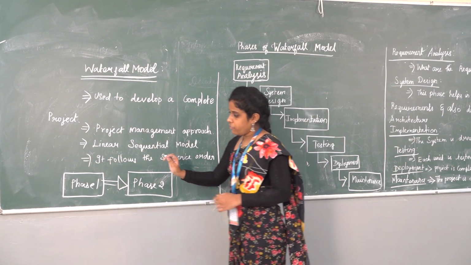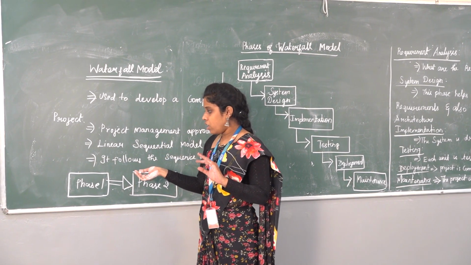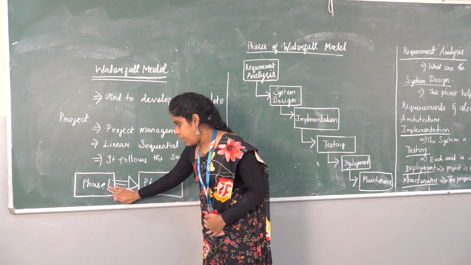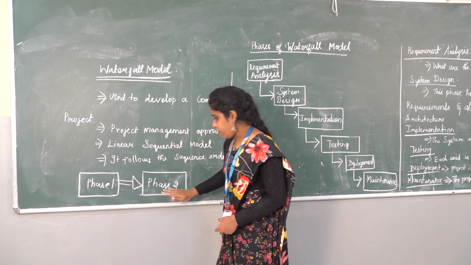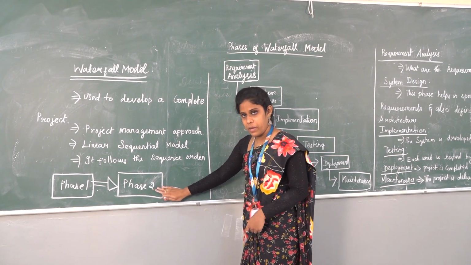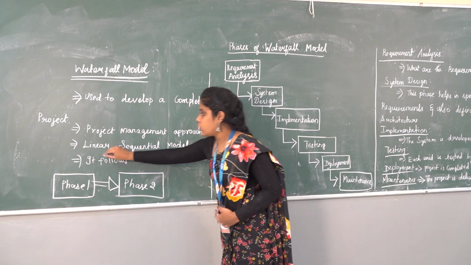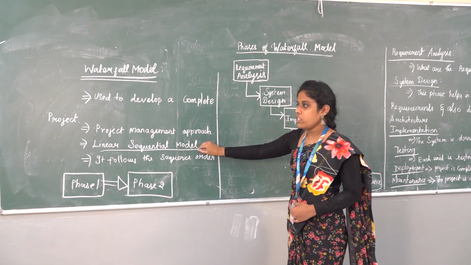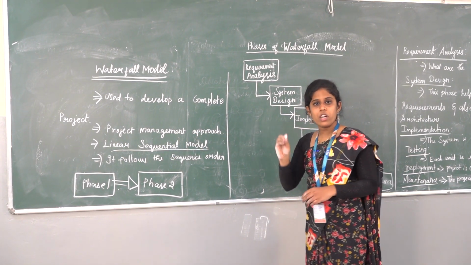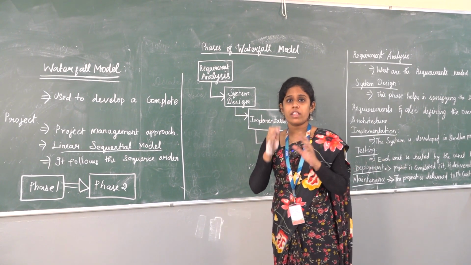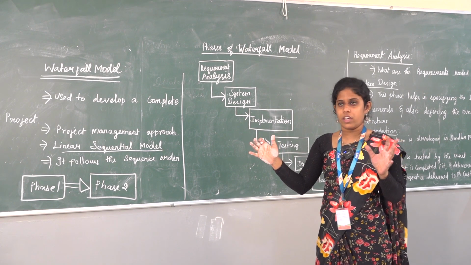We can't move to the next phase before completing this one. Phase 1 is completed, then it will go to phase 2. Phase 2 is completed, then it will go to phase 3. As we already said, it is a linear sequence model. It focuses on the linear sequence approach, from the beginning to the end of the project.